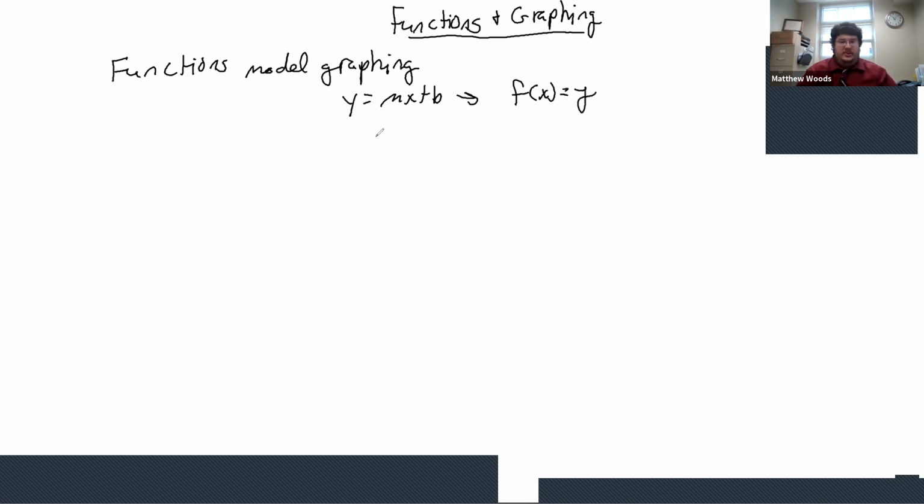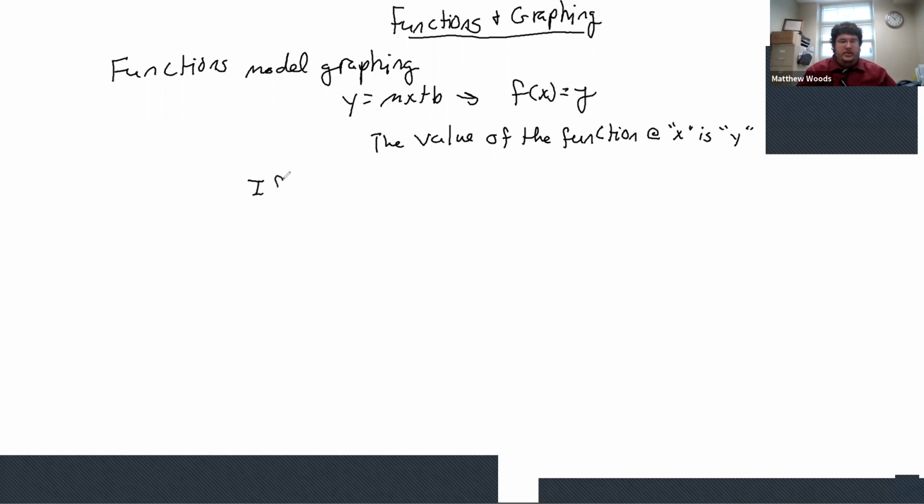The way this reads is the value of the function at x is y.